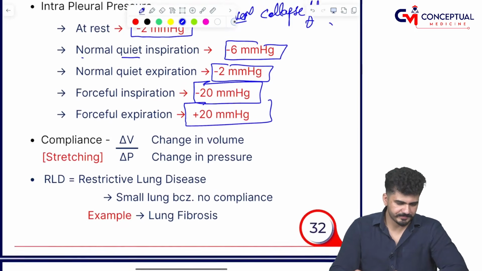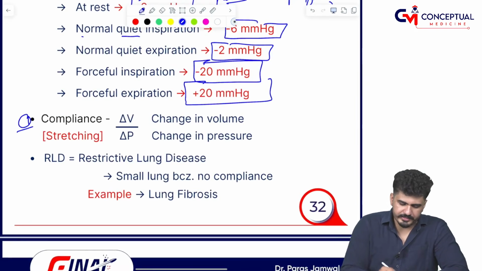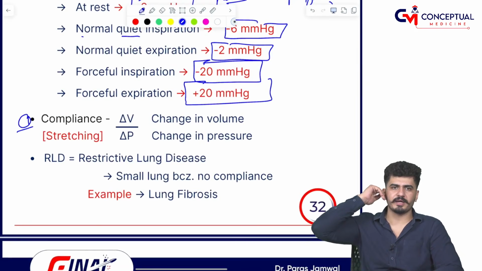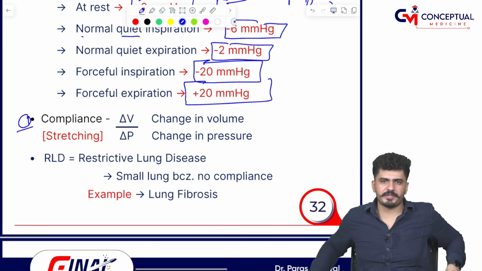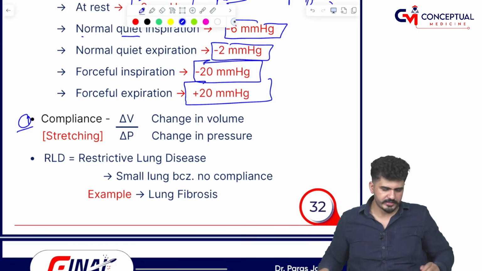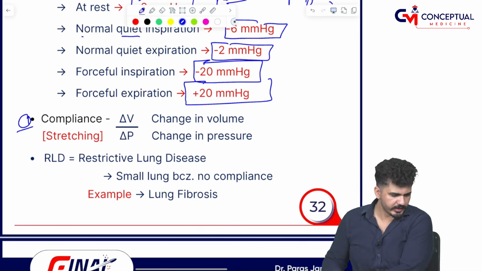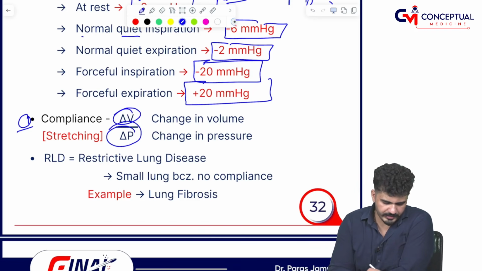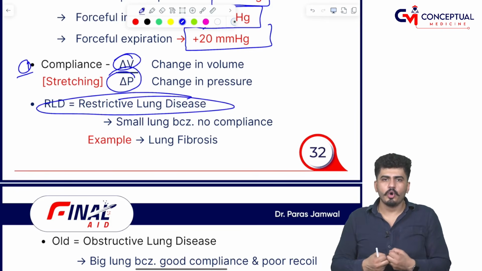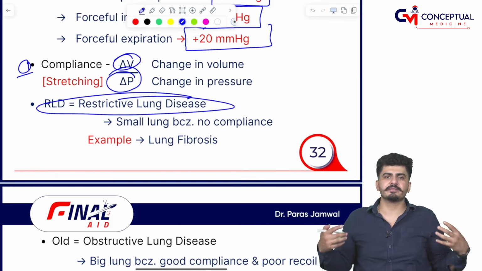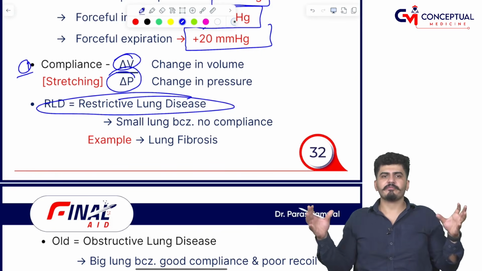Now the second topic is compliance, that is the stretchability of the lung. How do we calculate it? Change in volume upon change in pressure, that is delta V upon delta P. Now in restrictive lung disease, the lung becomes fibrous, the stretchability, the compliance, is gone, and the volume becomes very less.